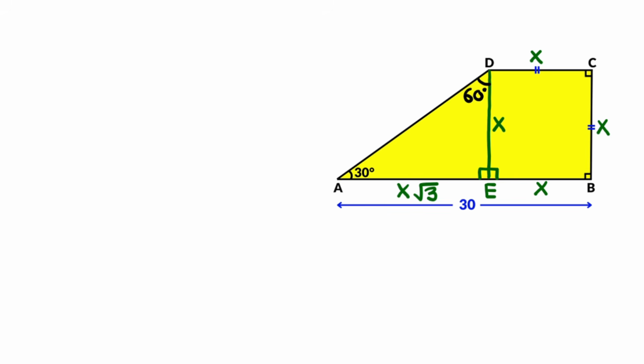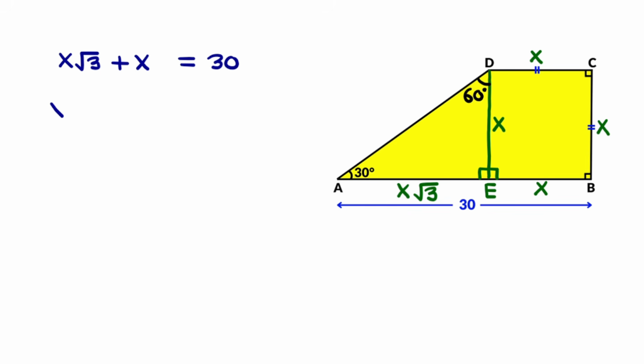Now, let's use the length of the entire base. Segment AB is 30 units, but it's also made up of two pieces, AE plus EB. So, x times the square root of 3 plus x equals 30. Factor out x.